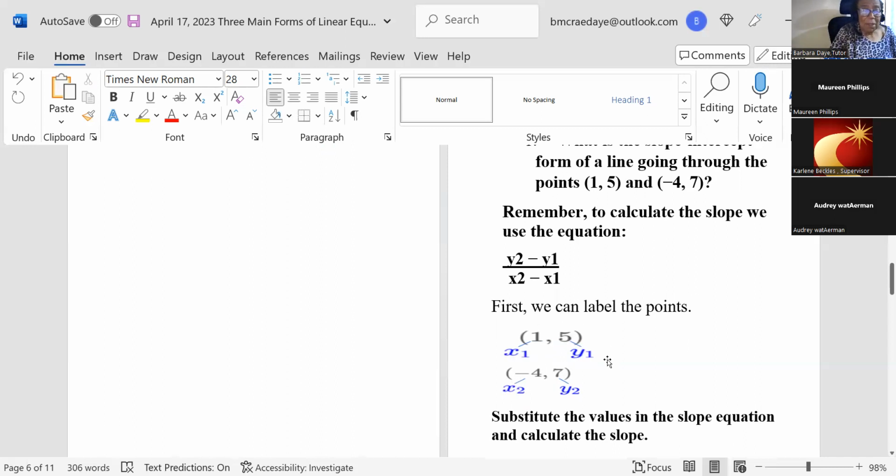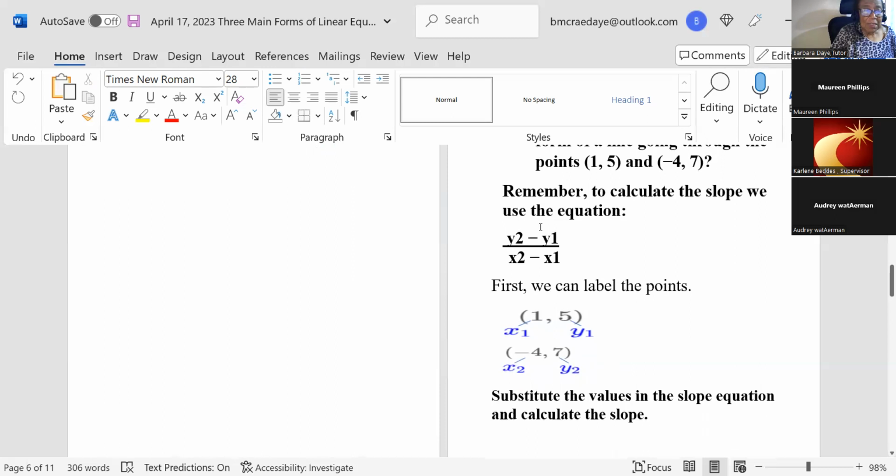Once you label them, you can substitute them in this equation, right? Y2 is 7 and y1 is 5, so that's 7 minus 5. Then x2 is -4 minus x1 is 1, so that's -4 minus 1.